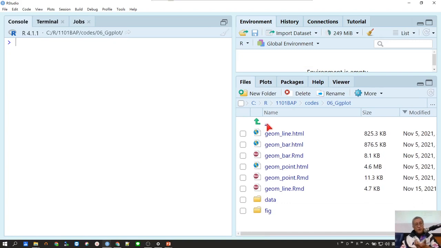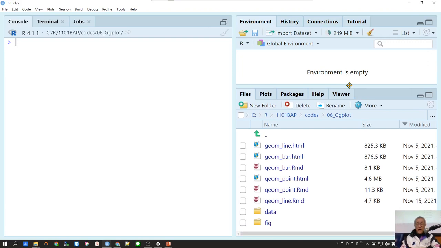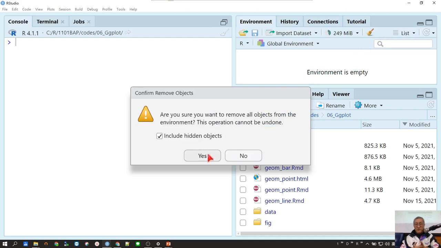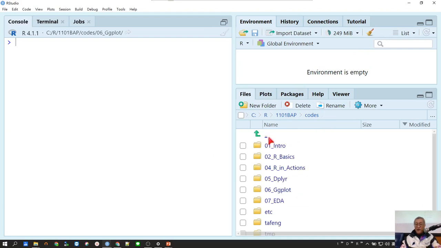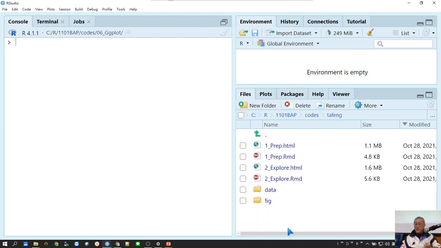Now, this is a good practice, right? When you switch project, you want to clear your environment, and you want to move to the project folder, the found project folder.